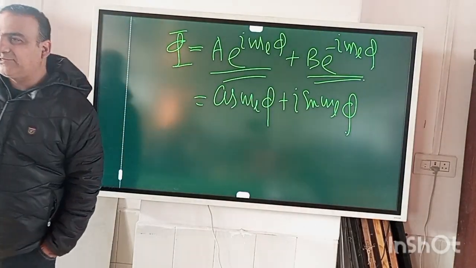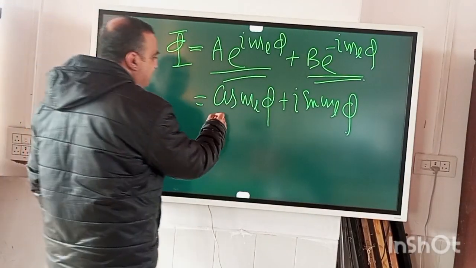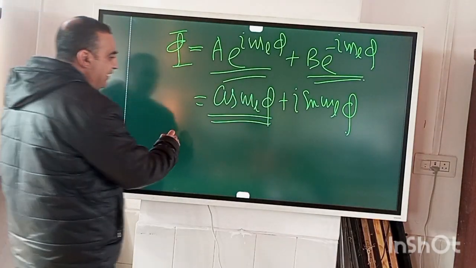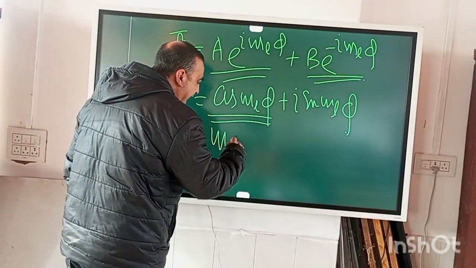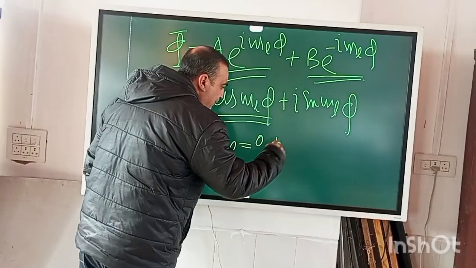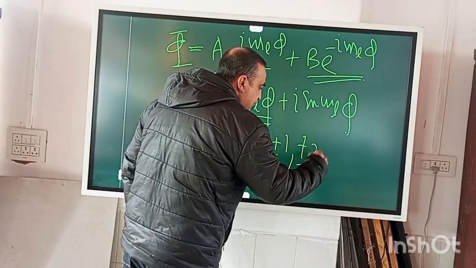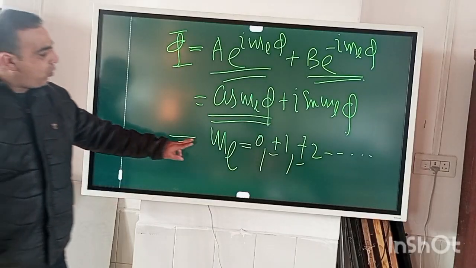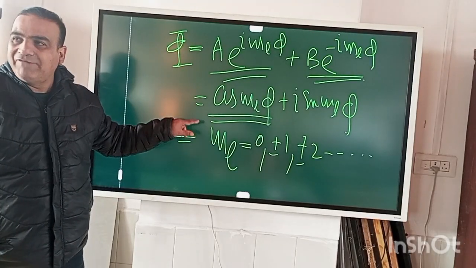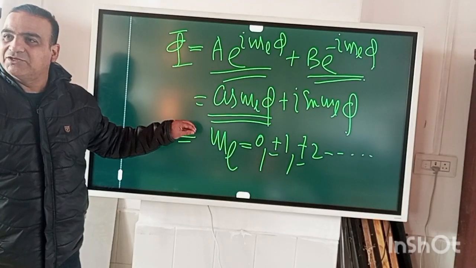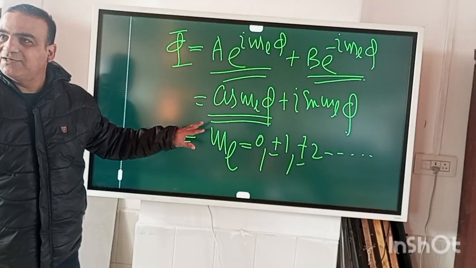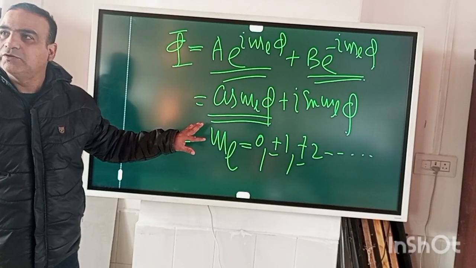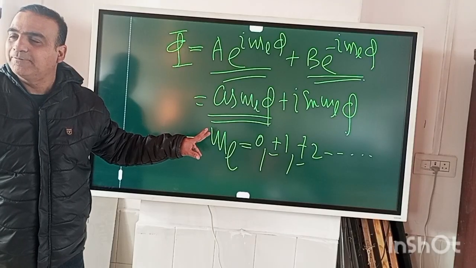But phi is 2 pi periodic, so this term will give us the value for ml equal to 0, plus minus 1, plus minus 2, and so on and so forth. So the value of ml can be 0, plus minus 1, plus minus 2, and so forth.